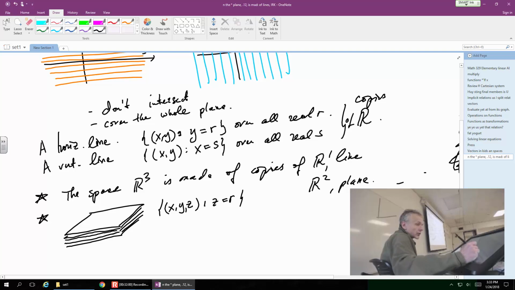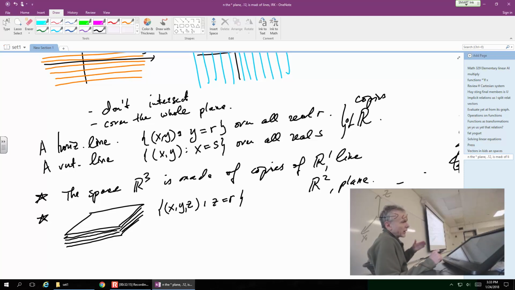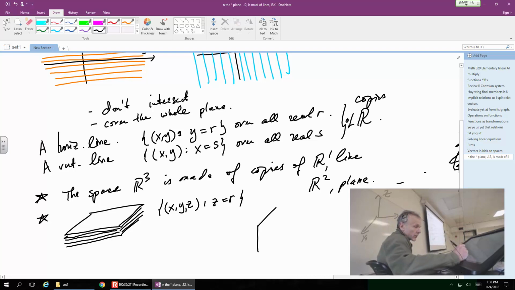So I already took care of representing the space as made of planes parallel to the xy plane, but you can also pick planes parallel to the xz plane. So like this, as many as necessary with all closeness.